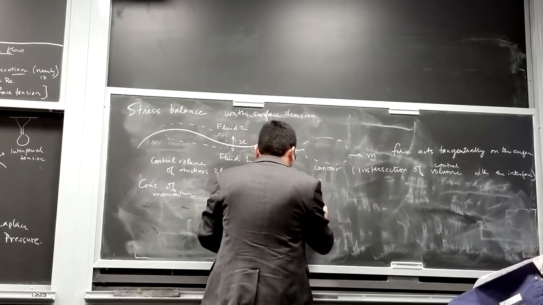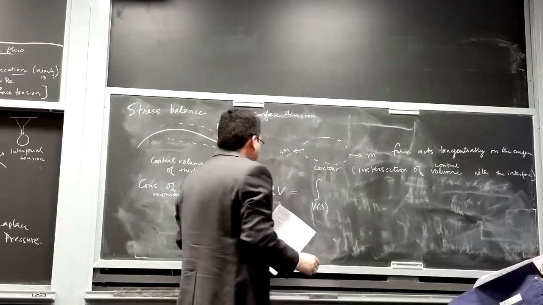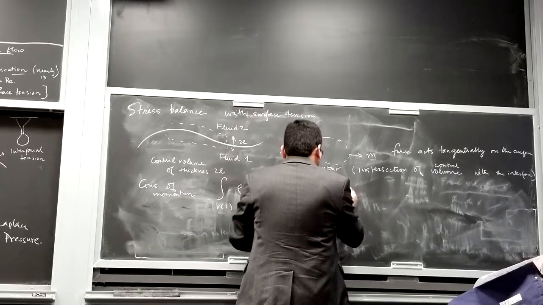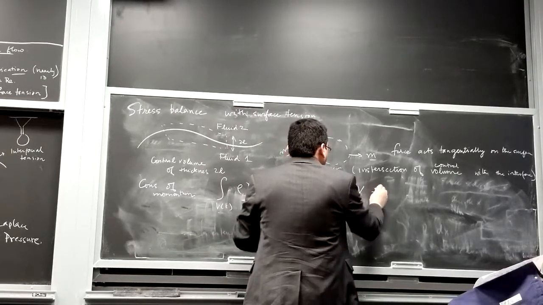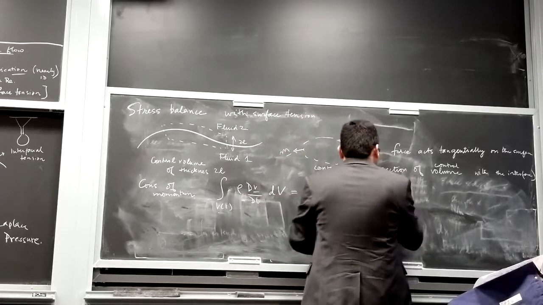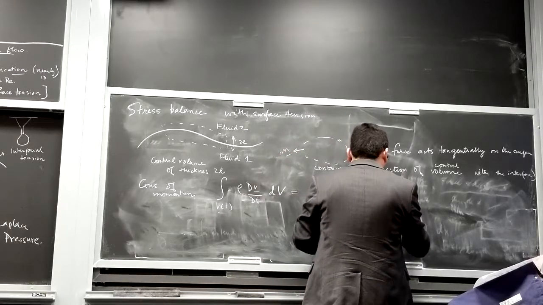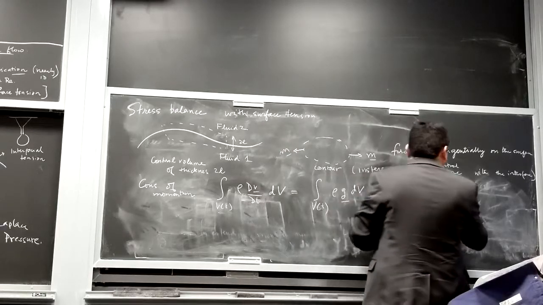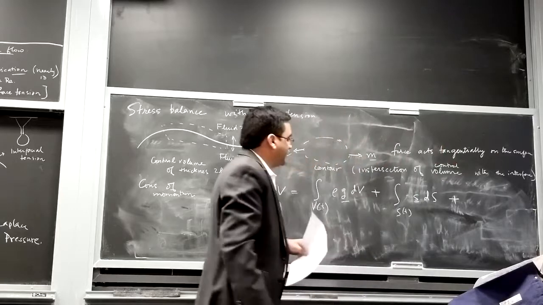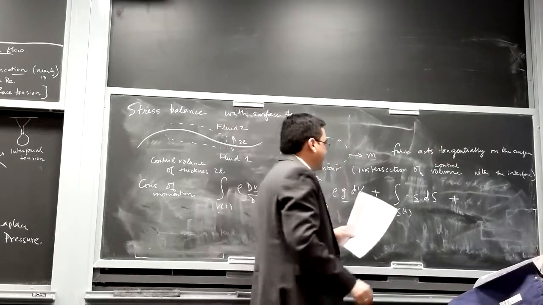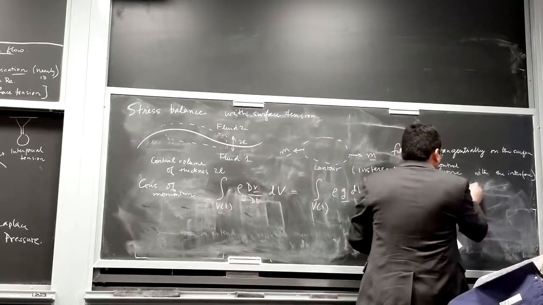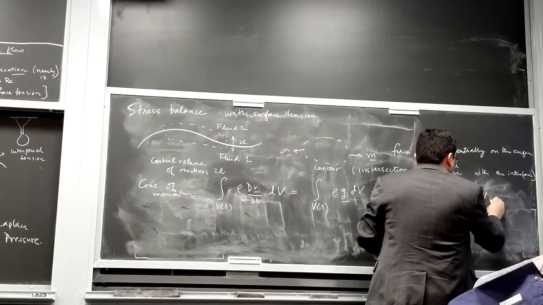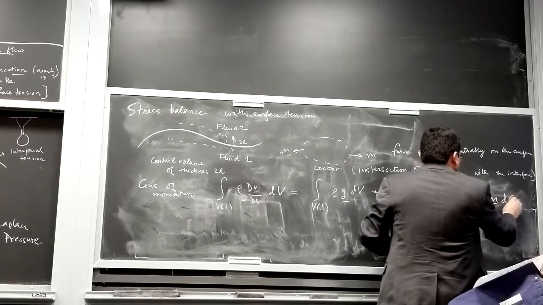And we said the rate of change of momentum is given by body forces plus surface forces, which were buried in this stress vector, and then we have one extra term which involves a contour integral.